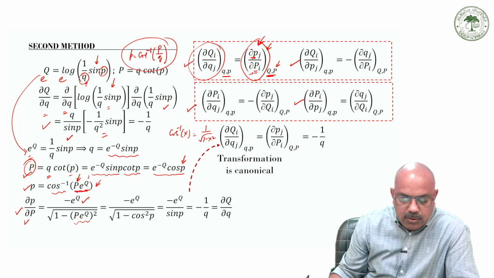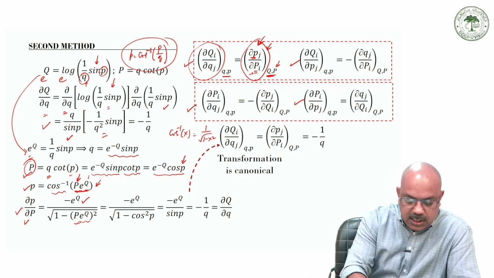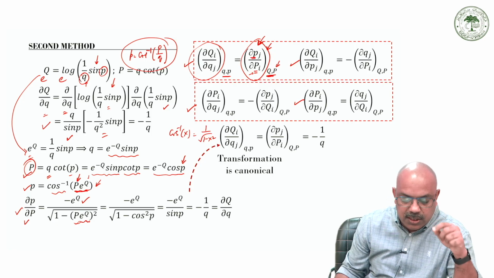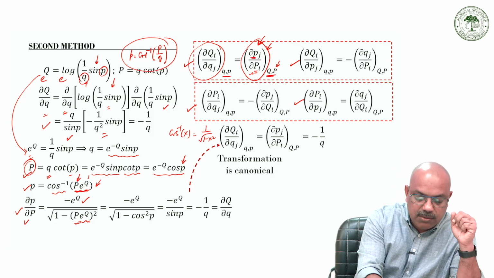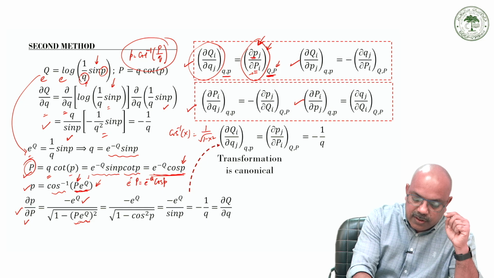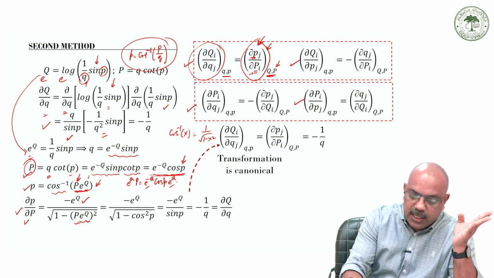Now because this P e to the power q is going to be cos p, because you have the relation P equal to e to the power q cos p. So you have P equal to e to the power minus q cos p. If you multiply by e to the power q and e to the power minus q, this will become 1, and then you have e to the power q cos p.